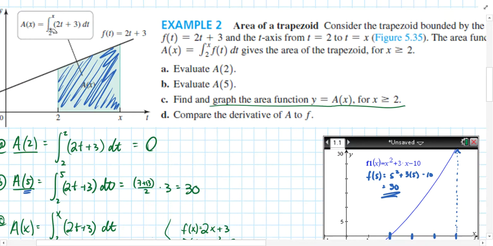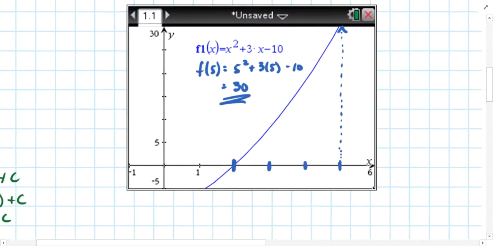If this lower boundary wasn't 2 after all, but some other value, and this upper boundary ended up being some other value, well, as it turns out, as the positions along this t-axis change, we can simply calculate the total area by evaluating the difference in our area function.